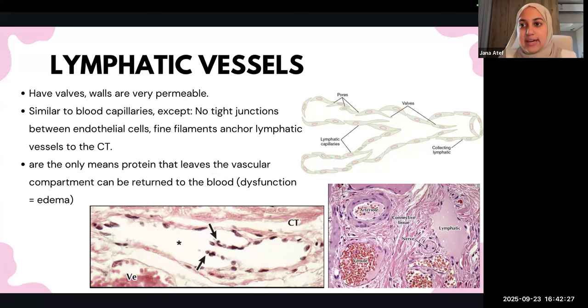Now, if there's a dysfunction, too much protein outside the lymph, where protein goes, or where salt goes, water follows. That causes edema, a swelling, because the interstitial fluid is not contained inside the lymph. If the protein is not staying inside because of a dysfunction in the lymph vessels, you're going to have edema. Did you get it? Perfect.